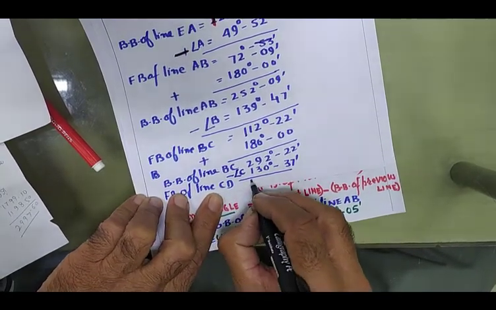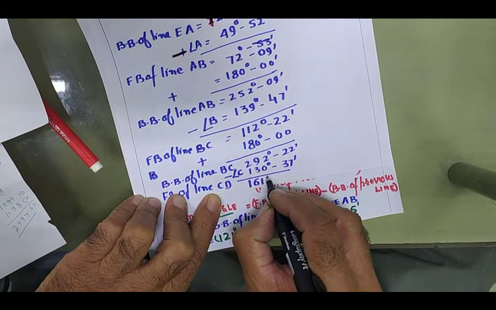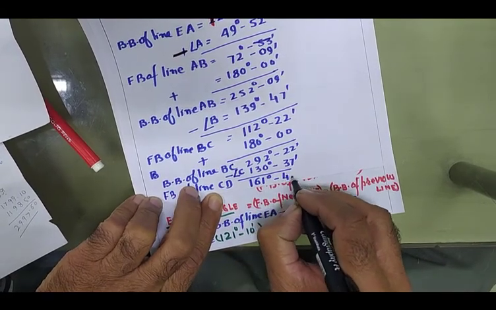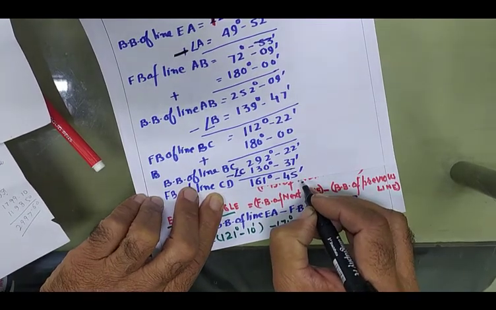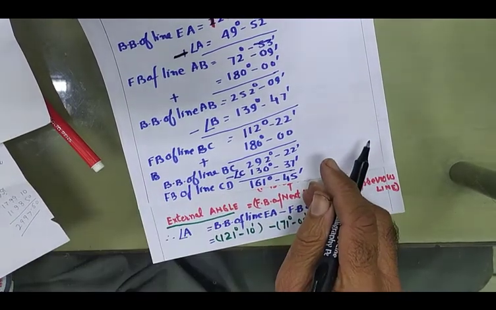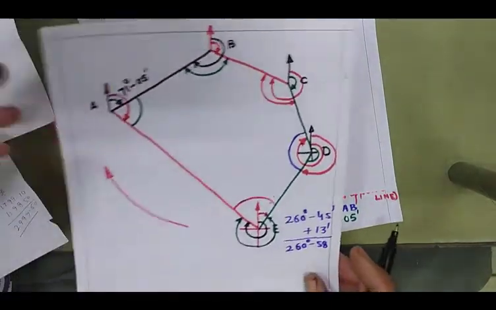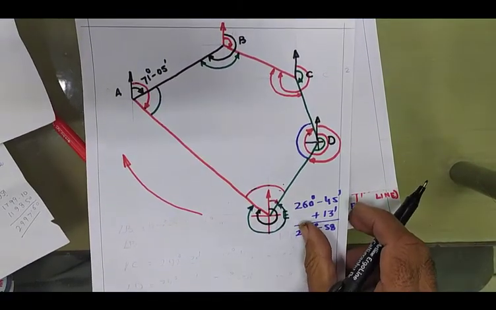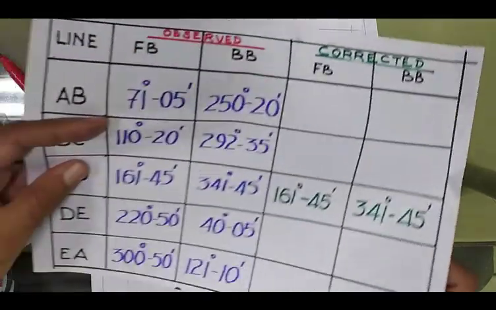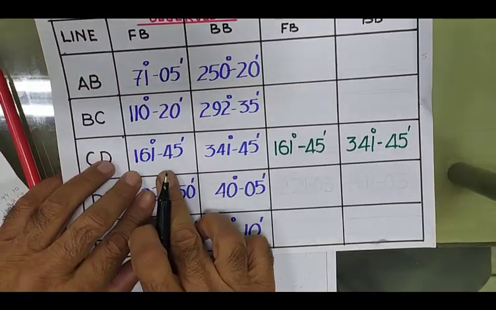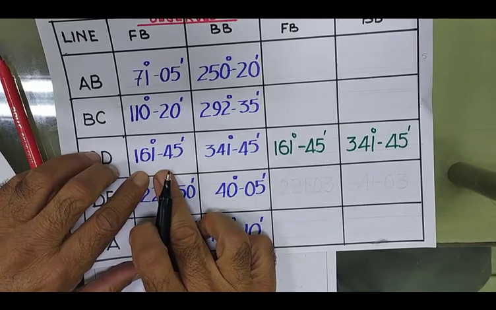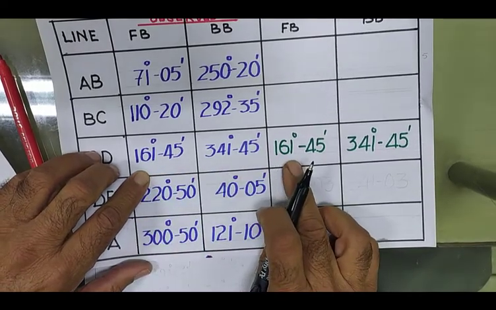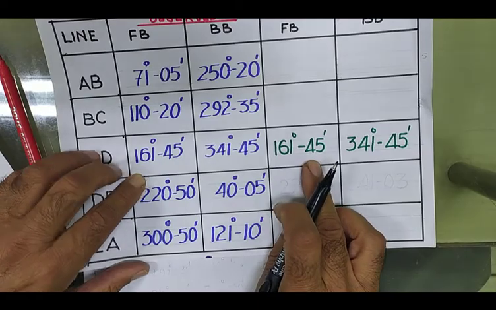This comes to be 161 degrees 45 minutes. So here we close the traverse, because in the start we started from line DE. The value tallies here. The forward bearing of line CD as observed and the corrected value both come to be 161 degrees 45 minutes.